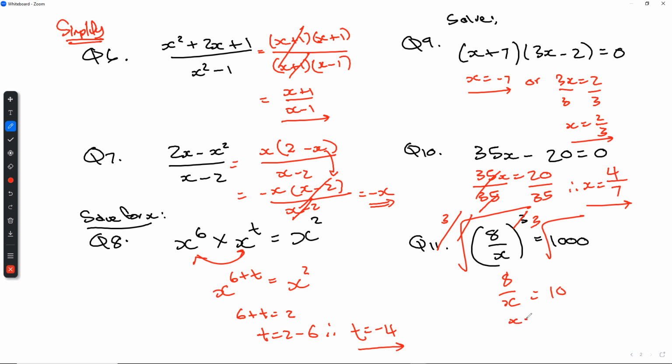So we end up with 8 equals 10x. All right, so let's just clear in here. So 8 equals 10x. Divide both sides by 10. And so therefore, x equals 0.8 or 8 over 10. All right, and we got those questions over there.